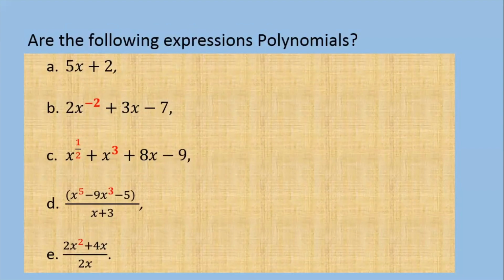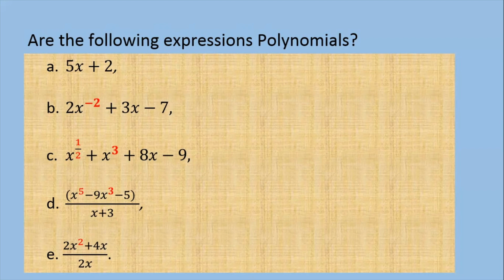Now, are the following expressions polynomials? You've got 5 parts here, okay? Part A, 5x plus 2. Part B, 2x power minus 2 plus 3x minus 7. Part C, x power half plus x cubed plus 8x minus 9.